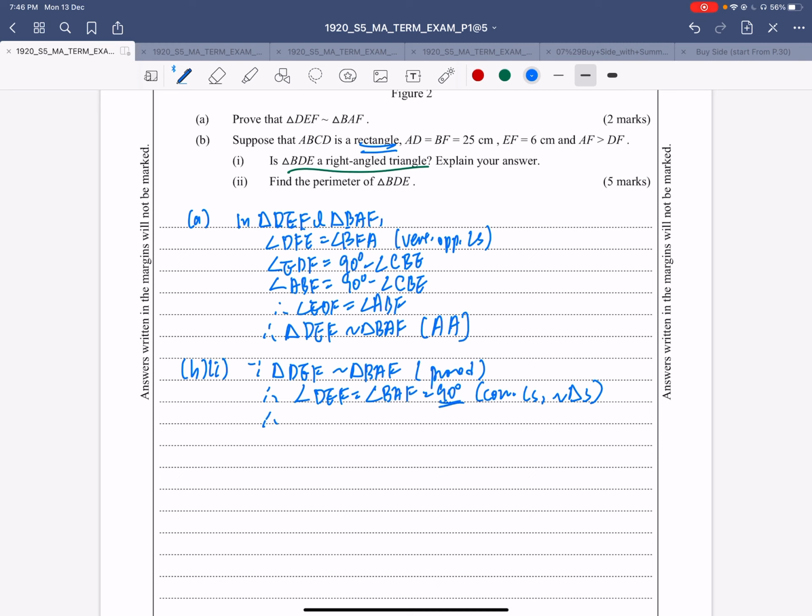As it is equal to 90 degrees, you can automatically prove that triangle BDE is a right angled triangle.